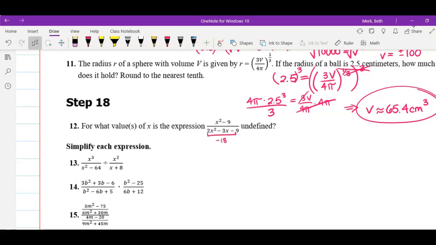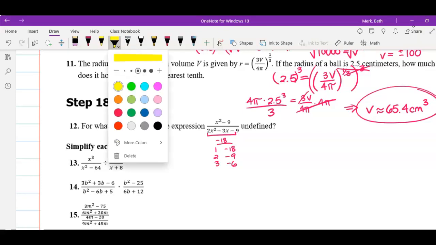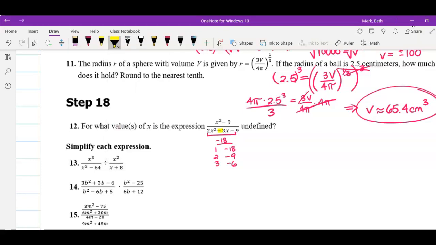That's a negative 18, 2 times negative 9. Factors of negative 18 would be 1 and negative 18, 2 and negative 9, 3 and negative 6. I'm looking for a winning combination that's going to combine to negative 3, which is right here. So I take my a value, which is 2x, and I put the winning combination underneath and reduce if I can.